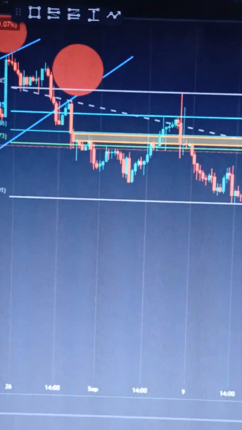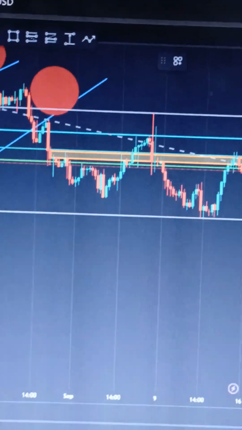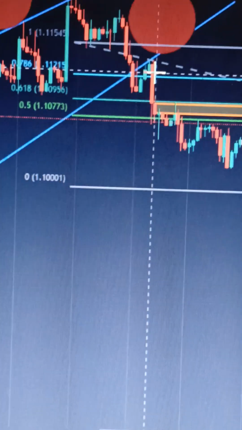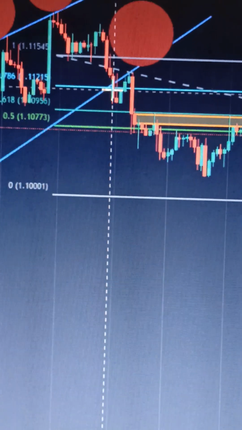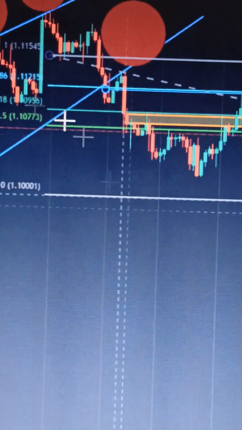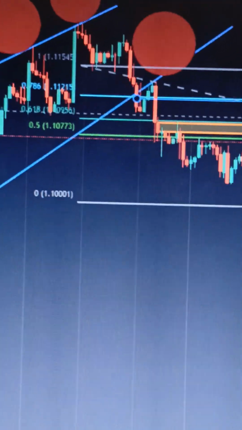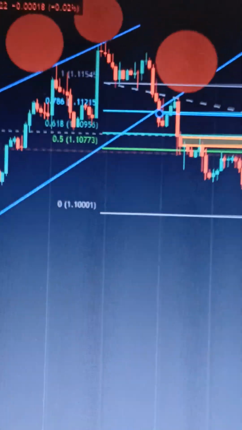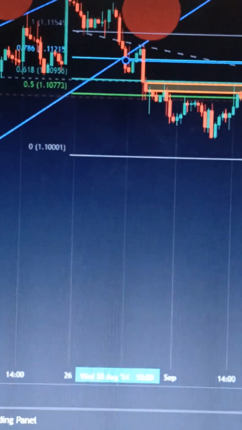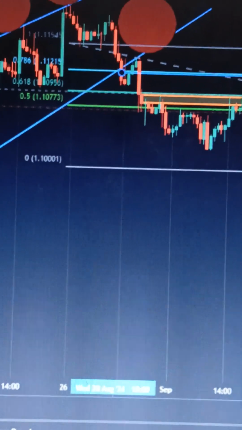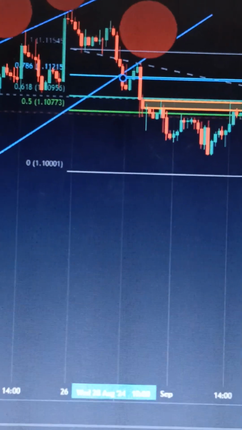So how are we going to mark this out? We are going to bring in our horizontal ray, dropping it at this position, which is the top of the lowest consecutive candle.